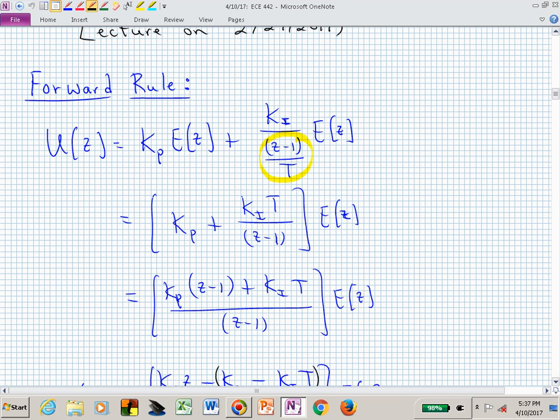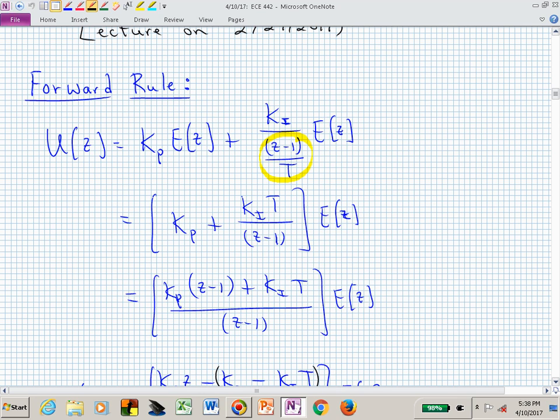That's the idea. In the second line, all I've done is factored out the common error signal, E of Z, or the Z transform of the error. And then the third line, I've simply found a common denominator. And now there's one of the key pieces of a PI controller.